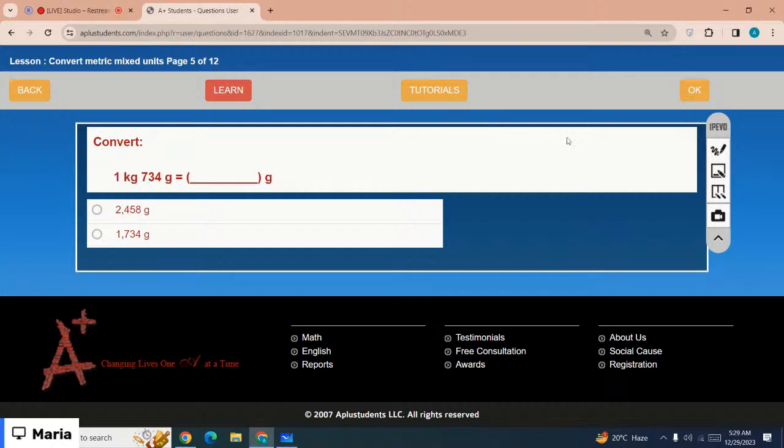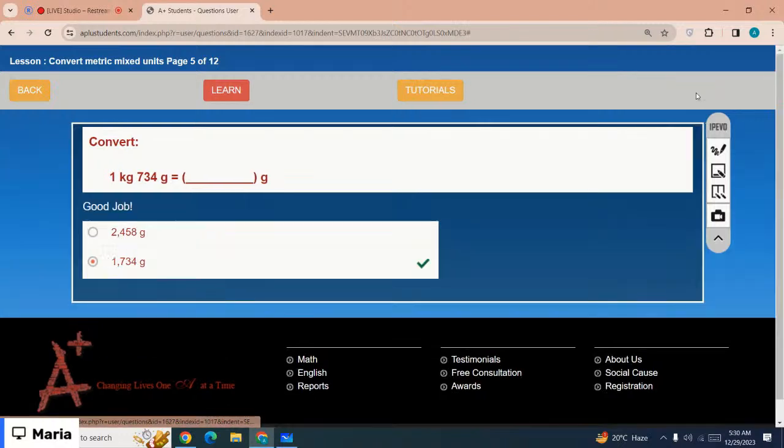The second one is the correct option. That is 1734 grams, right?